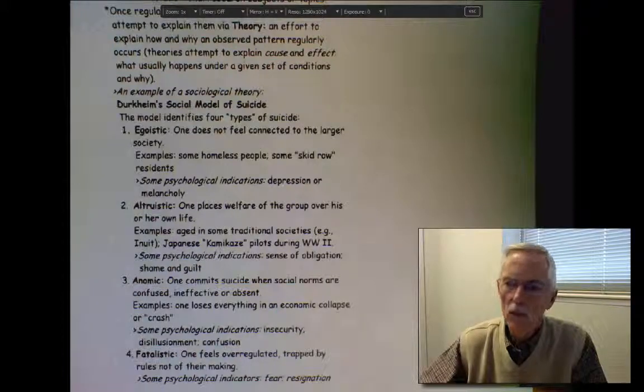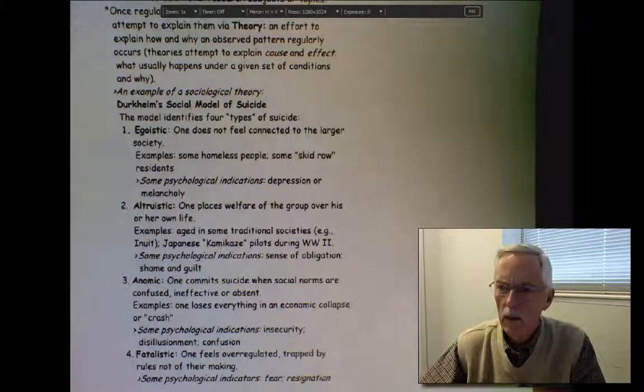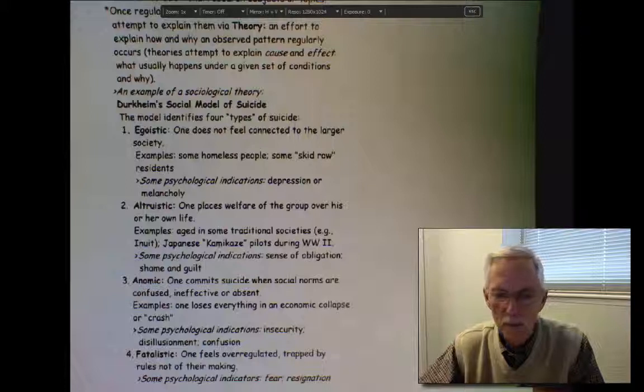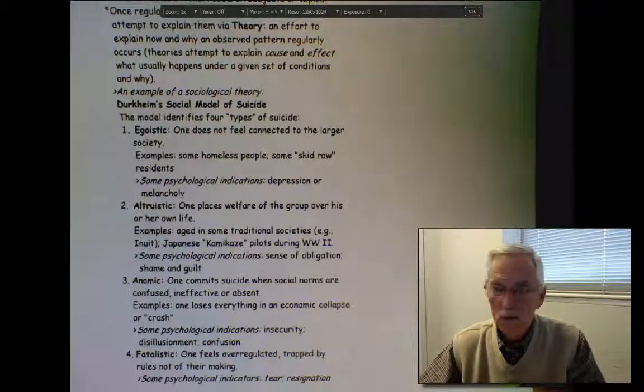I sometimes think of the character Hamlet in Shakespeare's famous play about the melancholy Dane. Hamlet was literally again depressed. His father had been murdered by his uncle, and his uncle, Hamlet's uncle, had turned around and married Hamlet's mother.